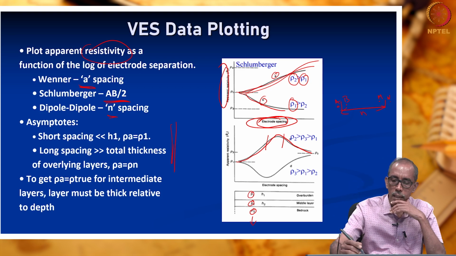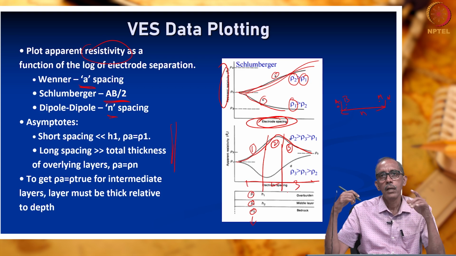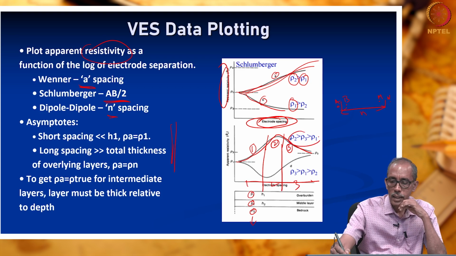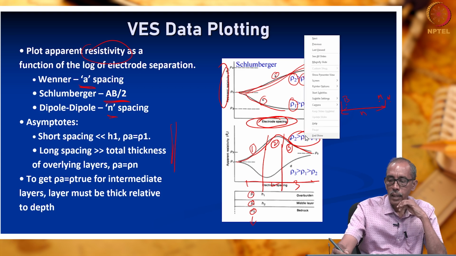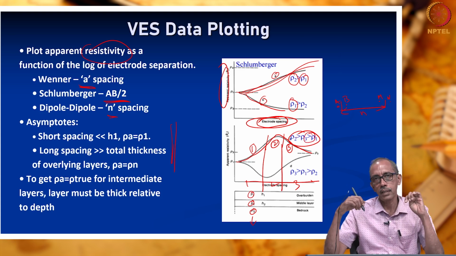So, here we have three layers: layer 1, layer 2, layer 3, along the electrode spacing axis. So, what is the relation? The apparent resistivity of layer 2 is very high, higher than layer 3, and layer 3 is higher than layer 1. This is the sequence of variation.